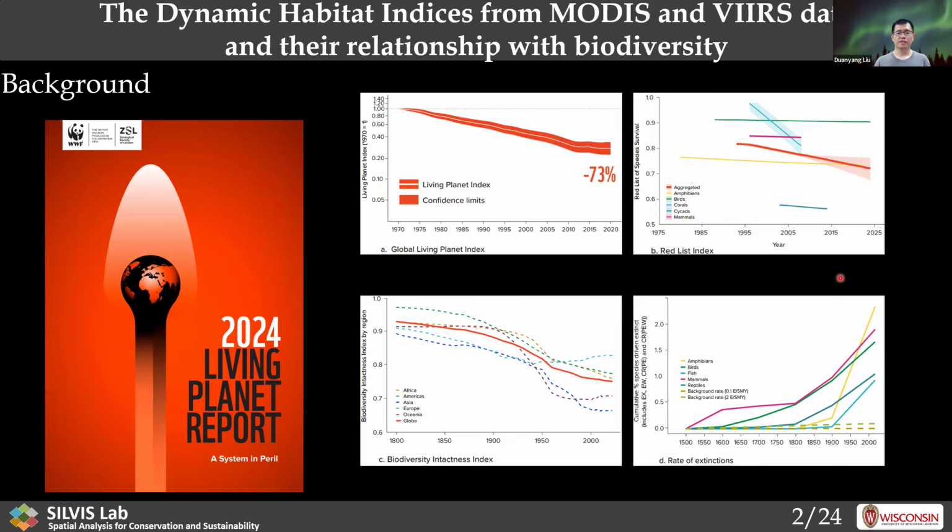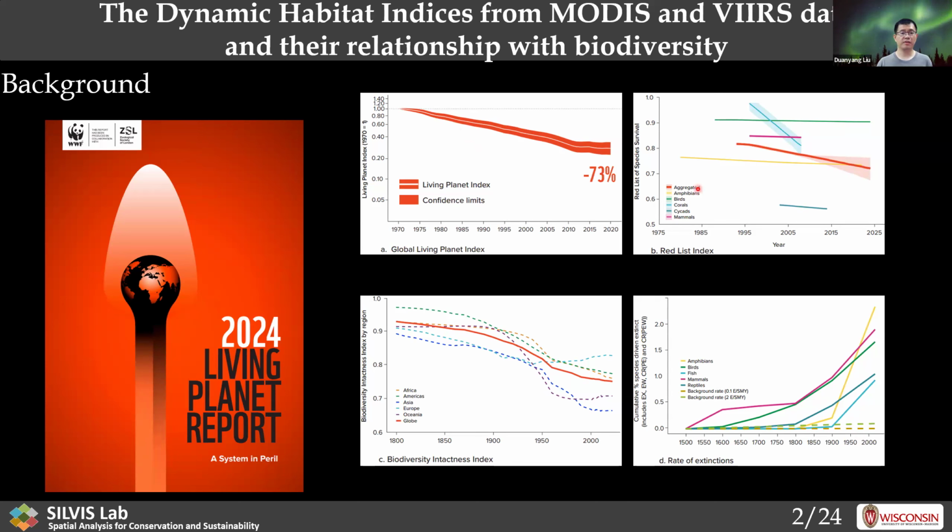As we know, biodiversity is the foundation of a healthy ecosystem, and each species, no matter how small they are, plays an important role in maintaining the balance of nature. And the World Wildlife Fund released the new Living Planet report in 2024, which highlights about 73% decline in the global wildlife population over the last 15 years.